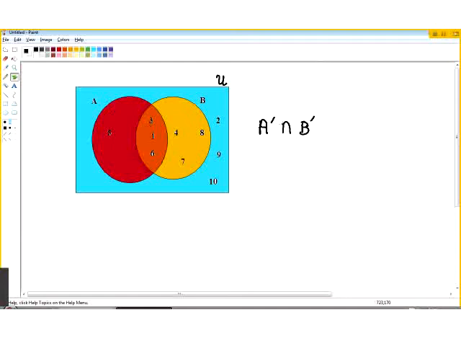And we're looking at what is common between the both of them. Everything outside of A will be what? Blue and yellow, right? Everything outside of B will be blue and red.